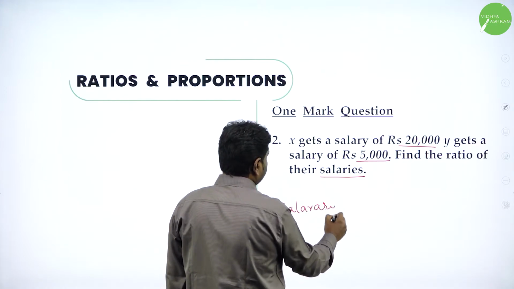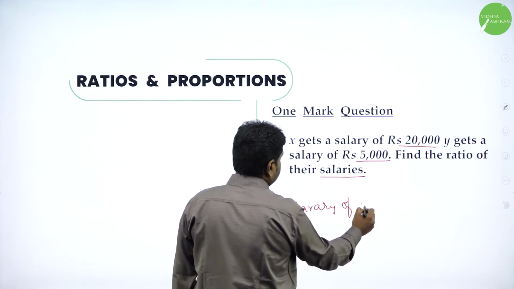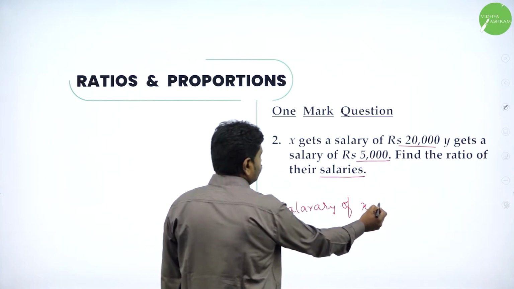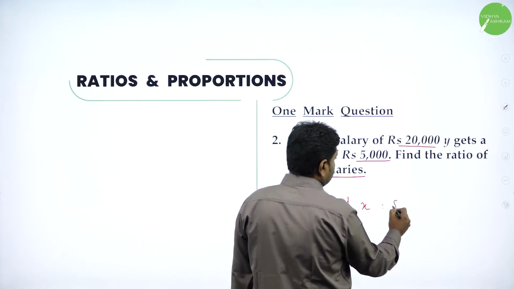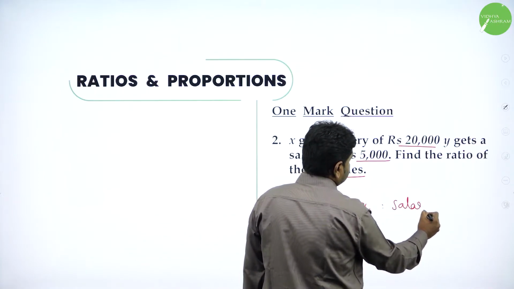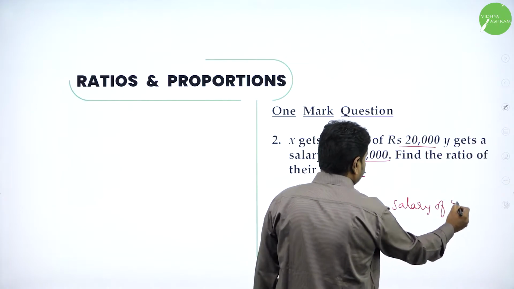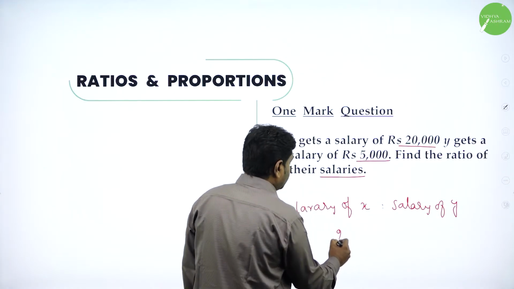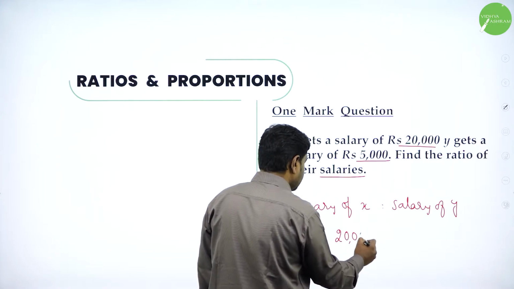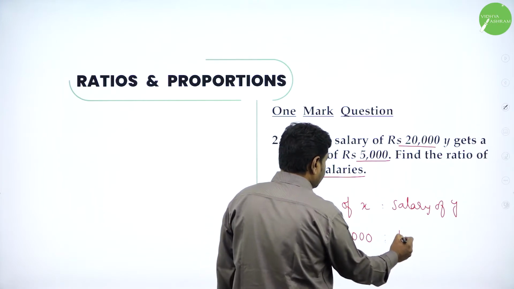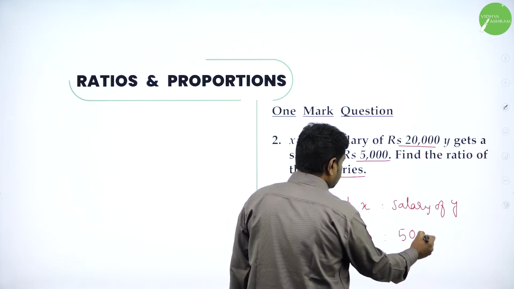Salary of X is to salary of Y. Salary of X they give 20,000 is to salary of Y they give 5,000.